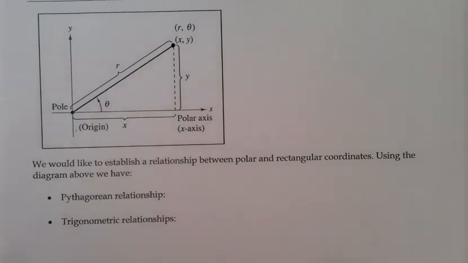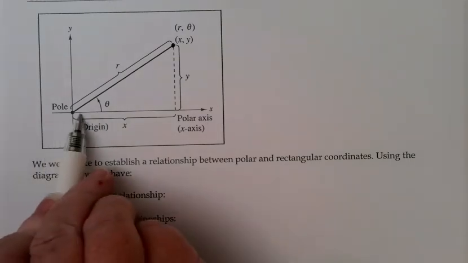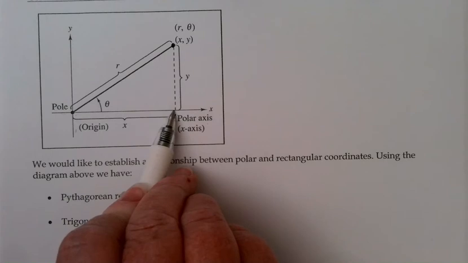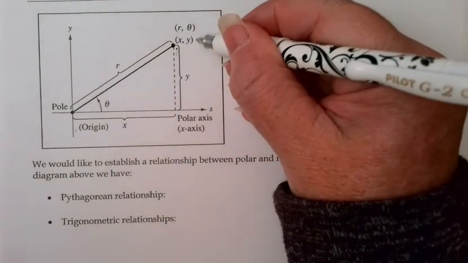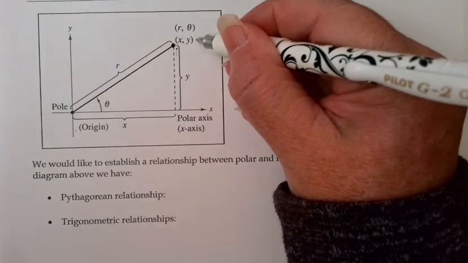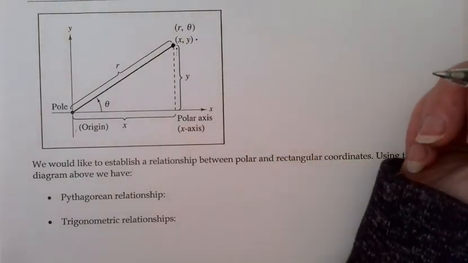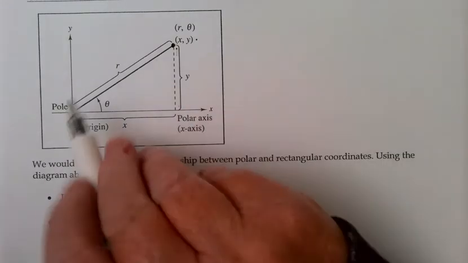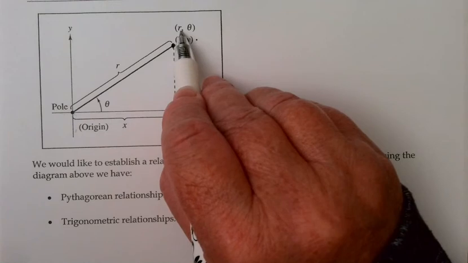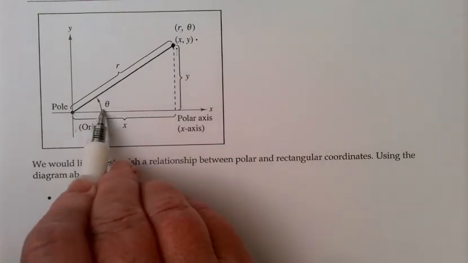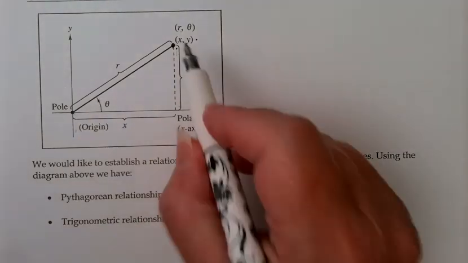If I'm thinking of rectangular coordinates, then how far over would be x, and how far up would be y. And we have our standard rectangular coordinates, x comma y. If I'm thinking in terms of polar coordinates, the distance from the pole to the point is r, and the angle from the polar axis is theta.